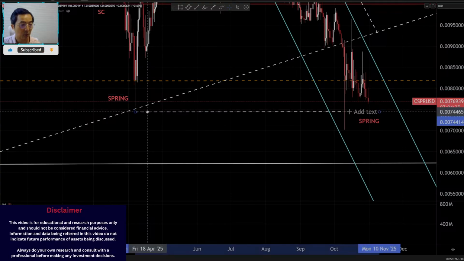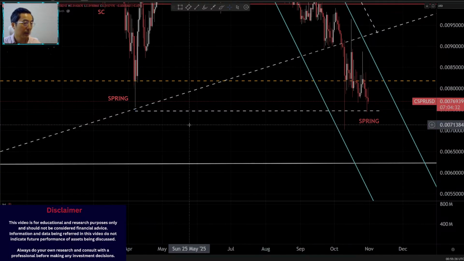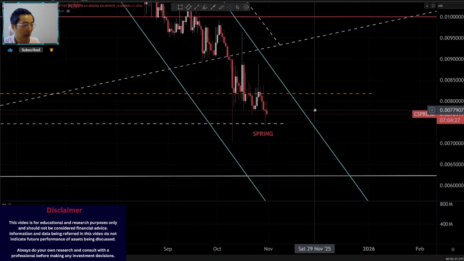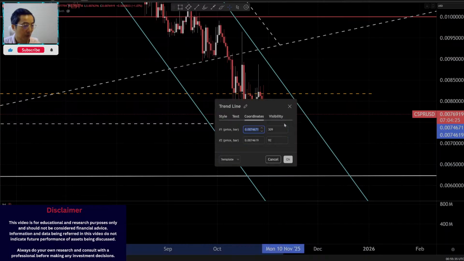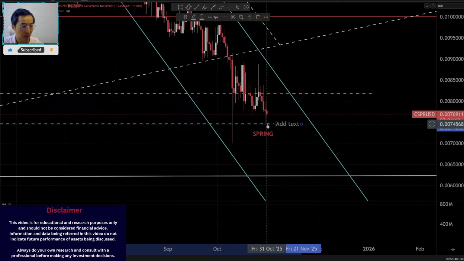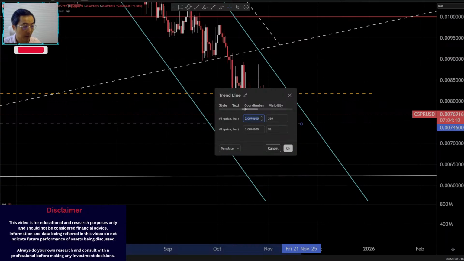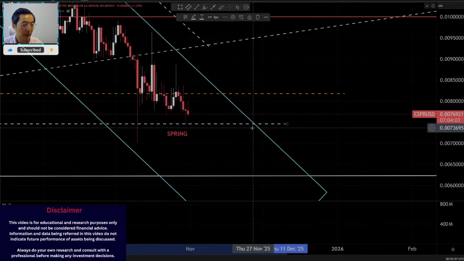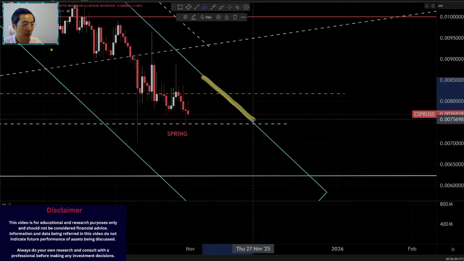So we are back to that point. If this line holds and eventually the price breaks outside of that area, let's align the two readings and extend the line a little bit further so it cuts across the channel ceiling. That's where I want to get to, because that's going to tell us by November 27th we see this triangle, right?